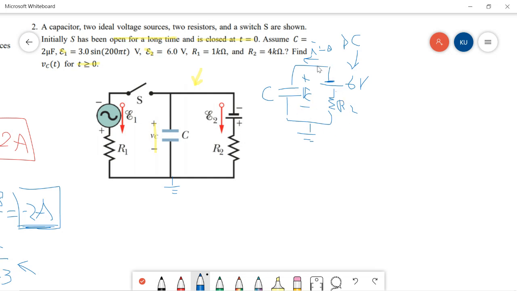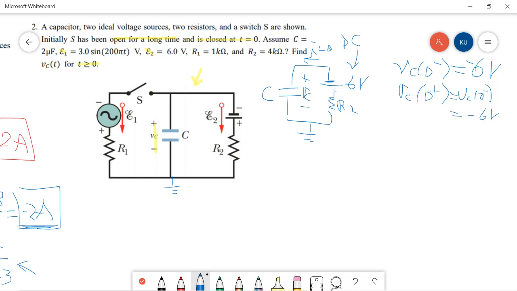This node should be minus 6 volts, which means that Vc 0 minus is 0 volt minus 6 volt, and at t equals 0 plus, it should be equal to Vc 0 minus, which is minus 6 volt.